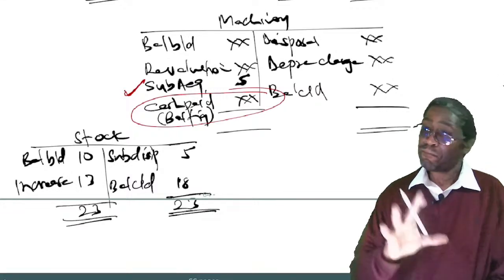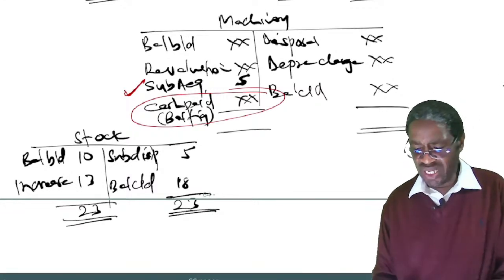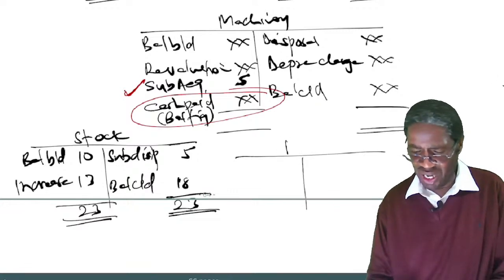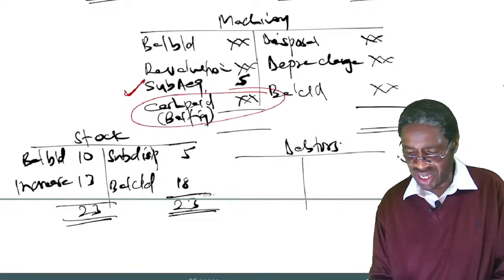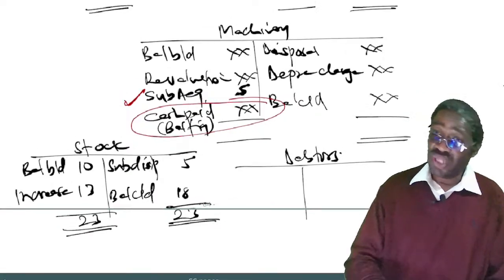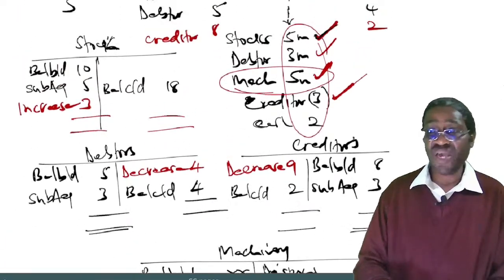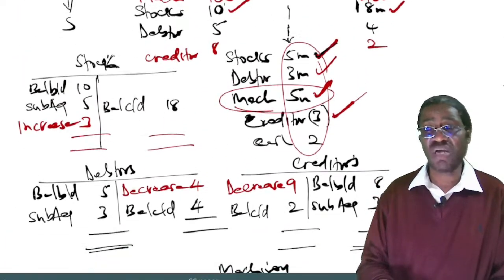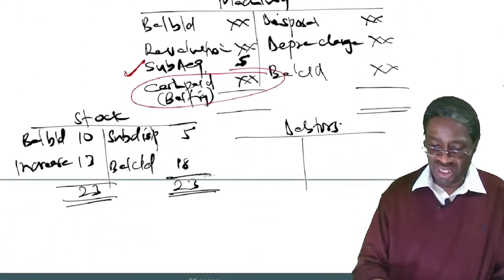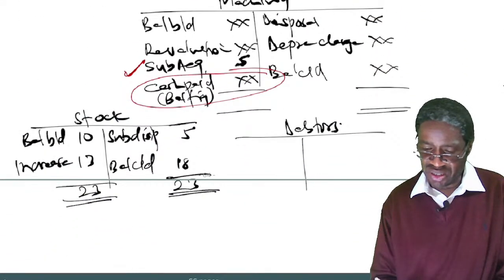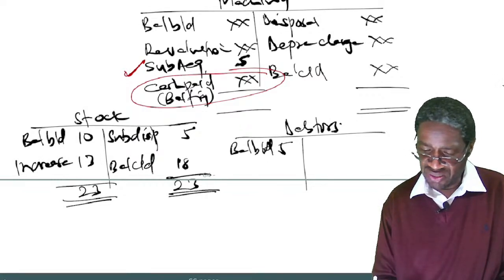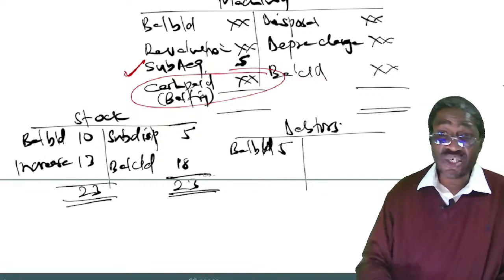13. Again, if you're analyzing the debtors account, you will go to the balance sheet last year, find out how much were the debtors last year, 5 million. Bring it down. That is debtors, balance brought down 5 million. Then go to the additional information.